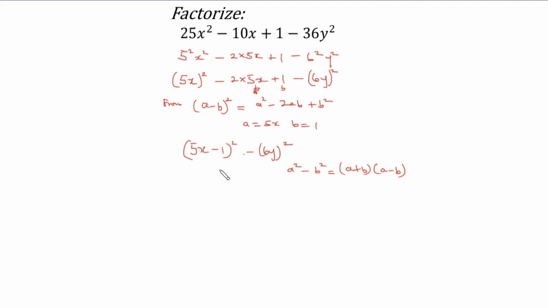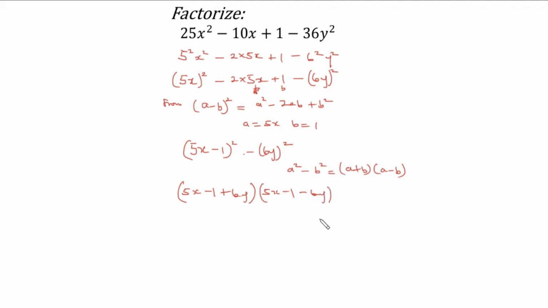So we apply this: our a, 5x minus 1, plus b, that is plus 6y. This is the first part of the formula. Then a minus b: our a is 5x minus 1, minus 6y, which is our b.